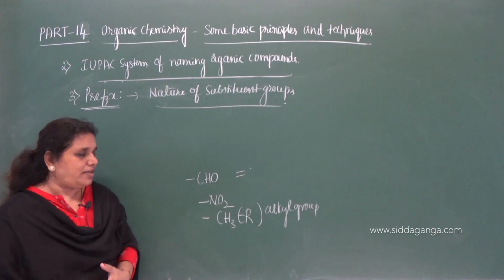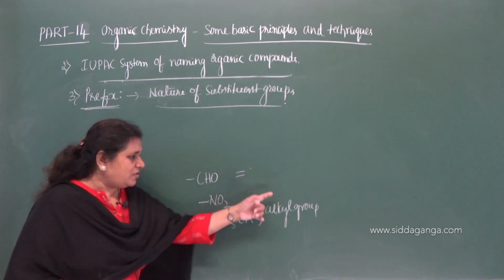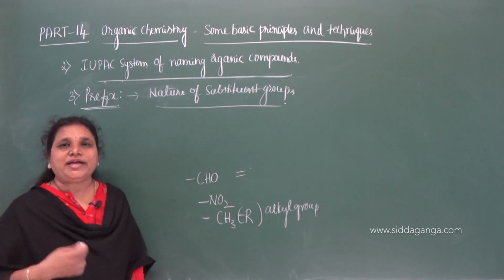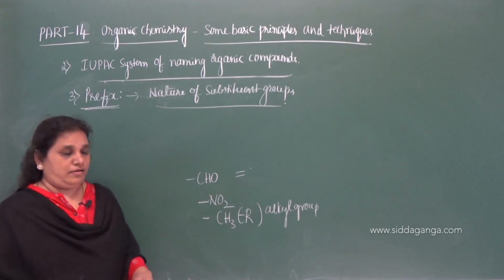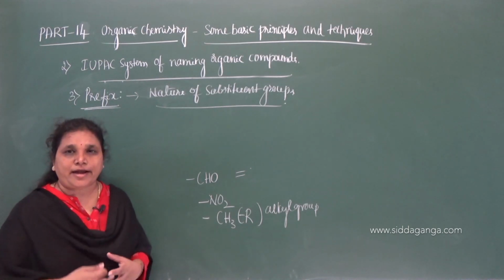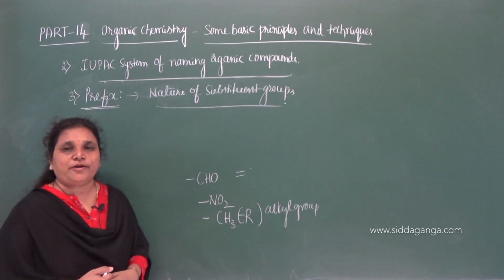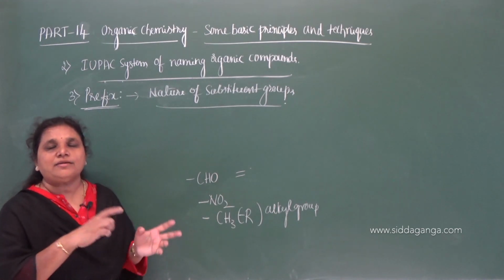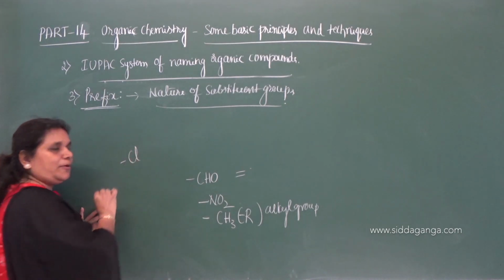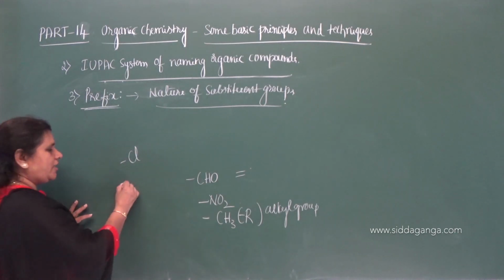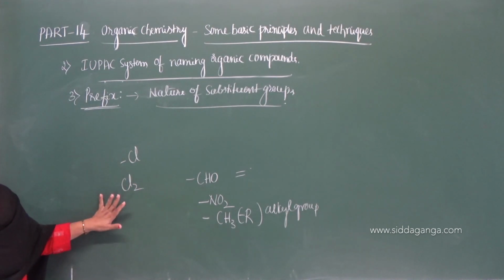You can also call them secondary functional groups. These groups are called substituent groups because they are obtained from the loss of one atom from the neutral molecules. For example, chloro group is a substituent group. It is obtained from chlorine by the loss of one chlorine atom.